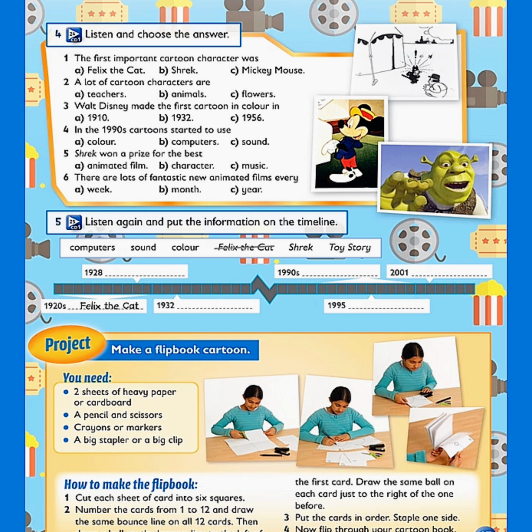That's right. And then in 2001, Shrek won a prize for the best animated film, didn't it? Yes, it did, and that really was a great film. Now there are lots of fantastic new animated films every year. It's an exciting time for cartoons. Well, Peter, thank you very much for being here today.